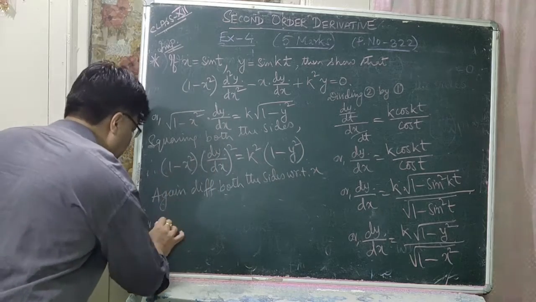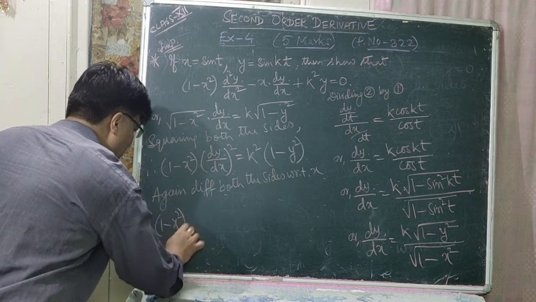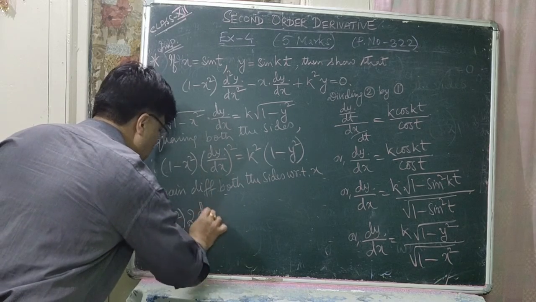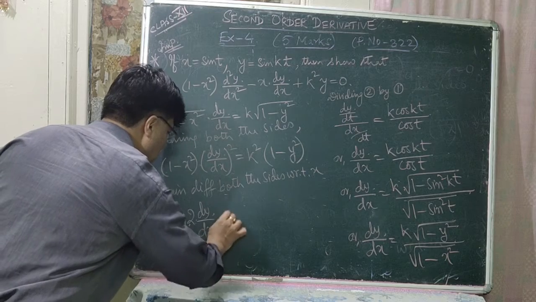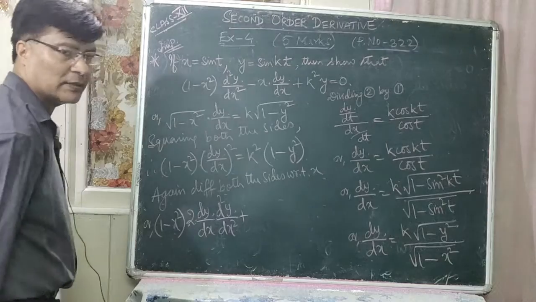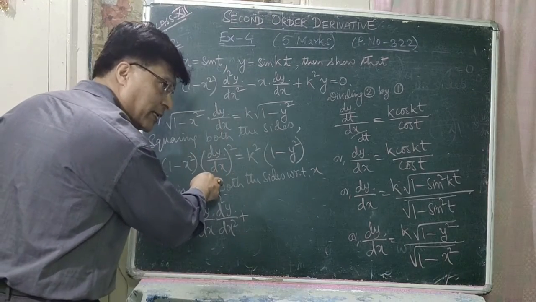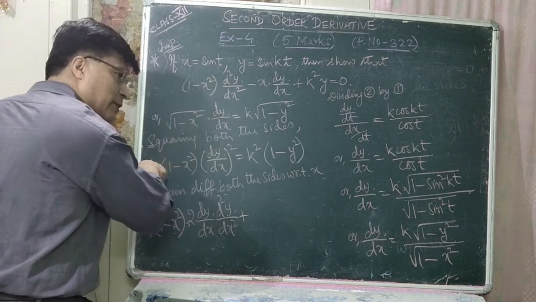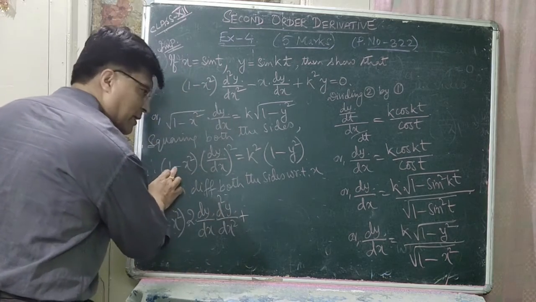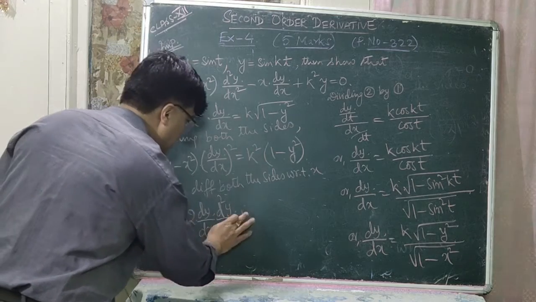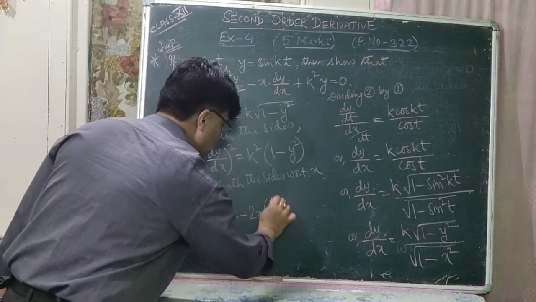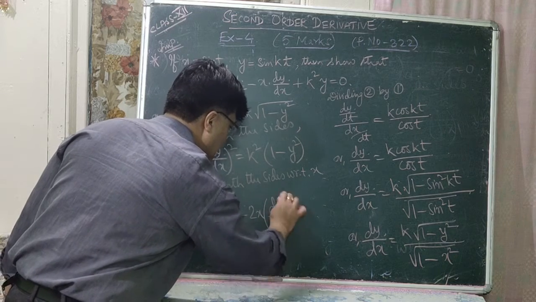You can use UV rule here. 1 minus x square into, what is the differentiation of dy by dx whole square? It is 2 into dy by dx into d2y by dx square plus. Now again dy by dx whole square is kept as it is. Take the differentiation of 1 minus x square. What is it? Plus into minus is minus. For 1 it is 0. Plus into minus is minus. What is the differentiation of x square? 2x. Now dy by dx whole square is kept as it is.